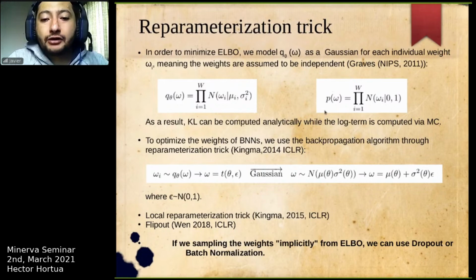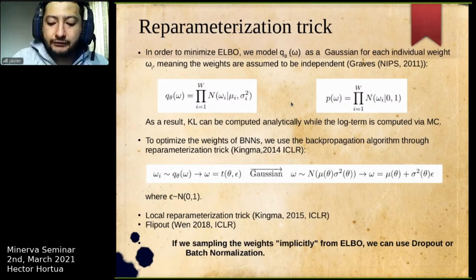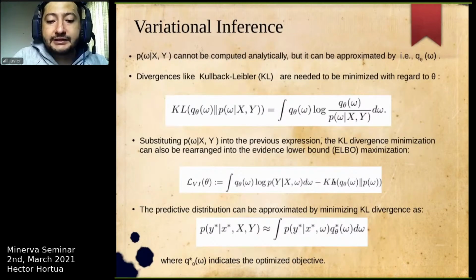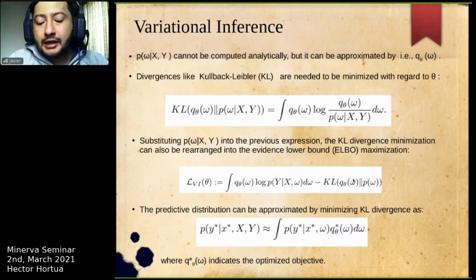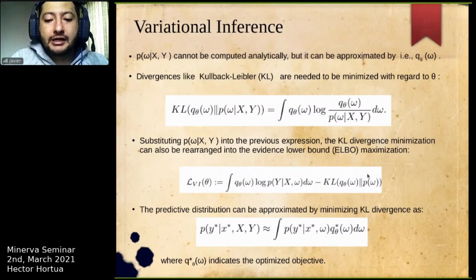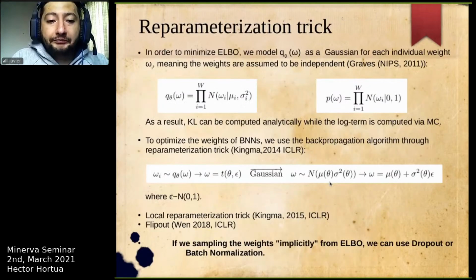And since the weights are independent, the prior can be a Gaussian distribution with mean 0 and deviation 1. If you assume that the prior and this approximate posterior have this form, you can find an analytical formula for the KL for this step.